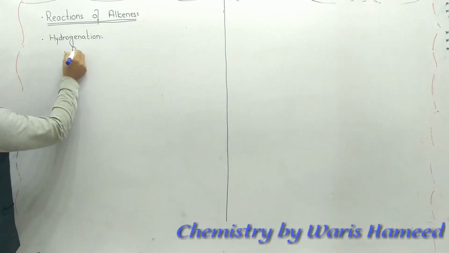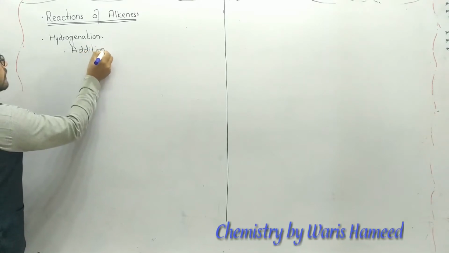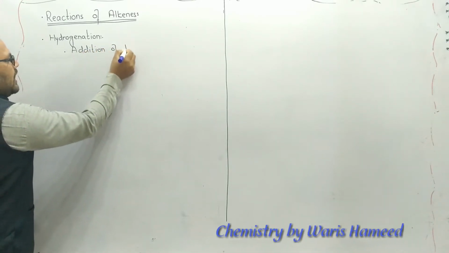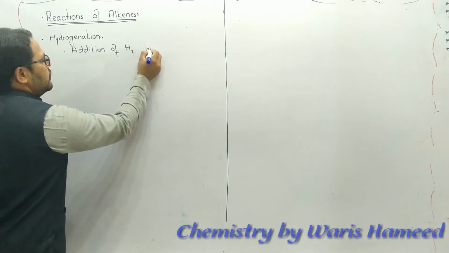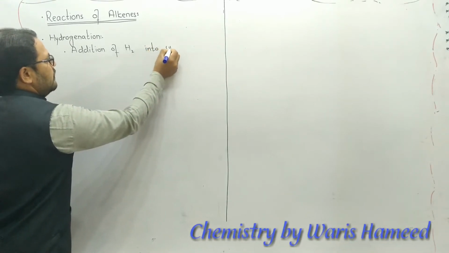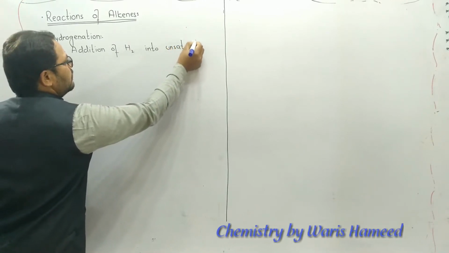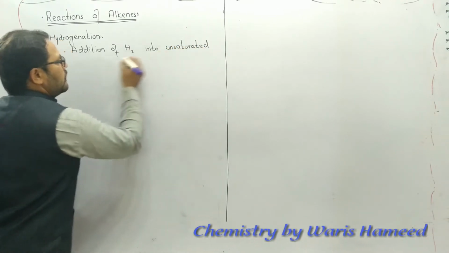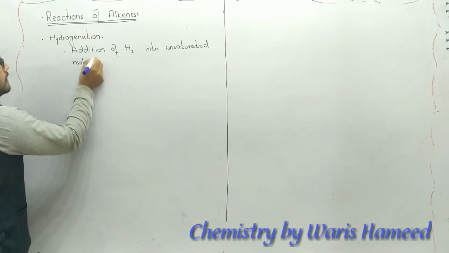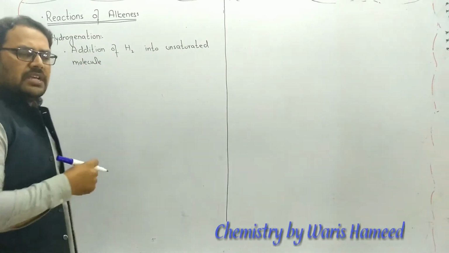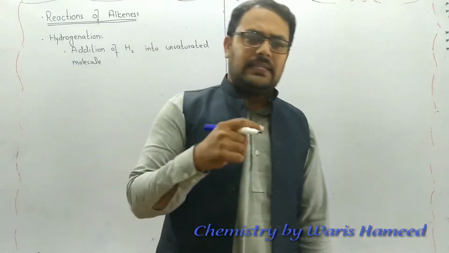So it's the addition of hydrogen H2 into an unsaturated molecule, and in this reaction we are adding hydrogen gas to alkenes.